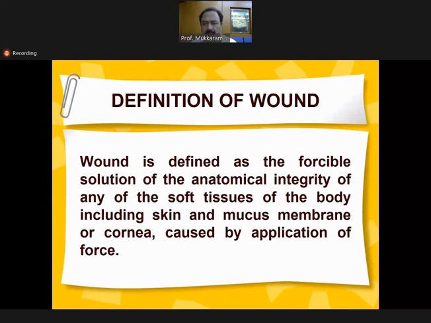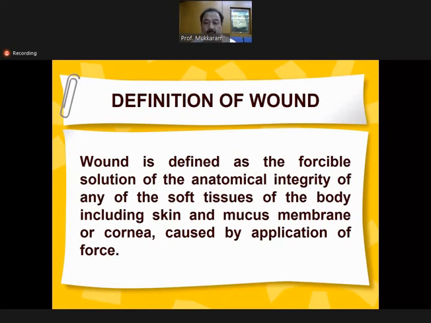So in simple words, there are closed wounds and open wounds. From closed wounds and open wounds, you can decide what kind of weapon has been used. You can well decide the time since injury, that is, how much time has passed.